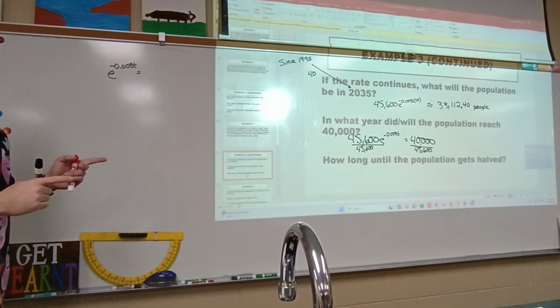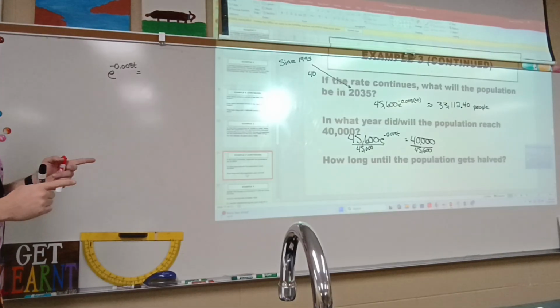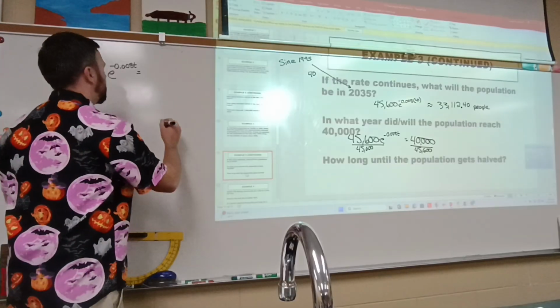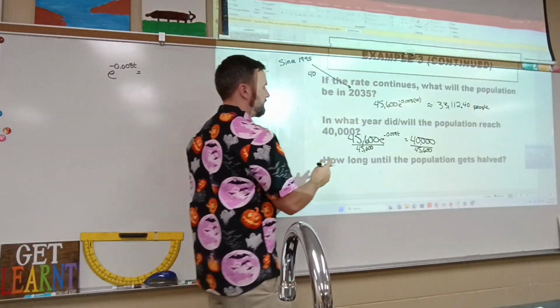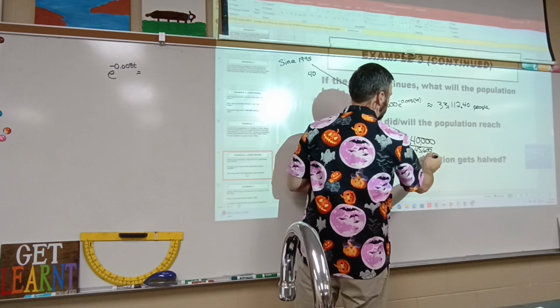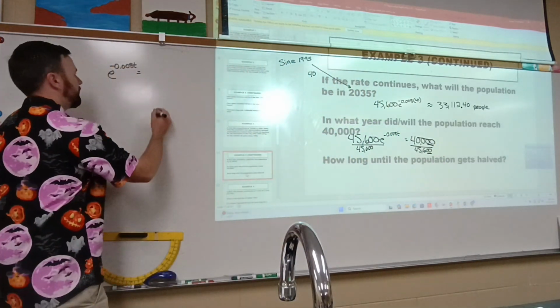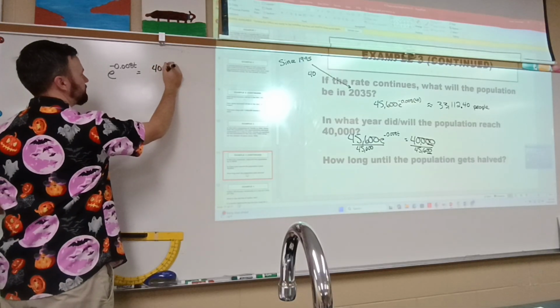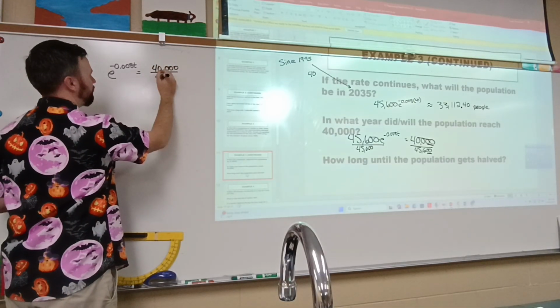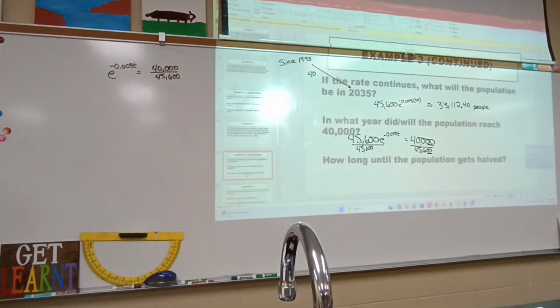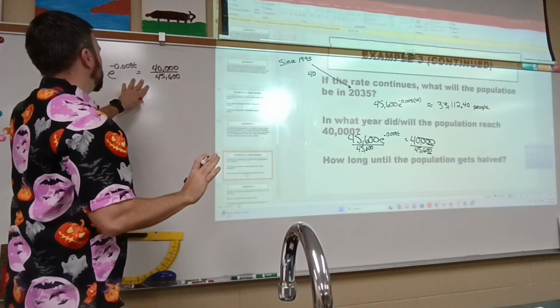Some of y'all change that to a decimal, 6 decimal points. Some of you didn't. I'm going to leave it as a fraction. Do you notice these are both zeros? You could cancel those if you want to make your life easier. But I'm going to leave it as a fraction because I don't feel like writing the decimals, although this is just as much work. So far, everything we've done, you did a long time ago. We divided. New step.